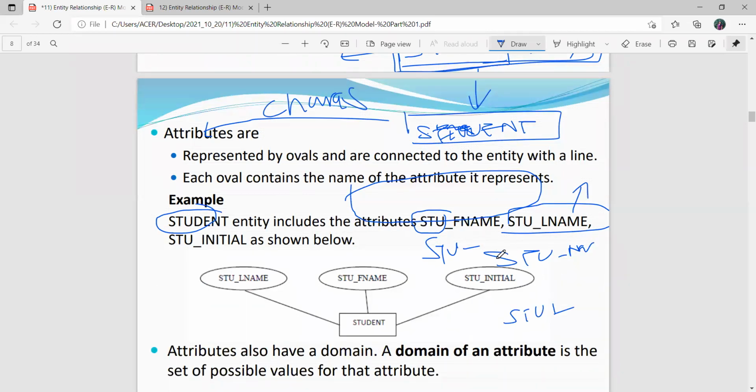So we can identify that this attribute belongs to the student entity.